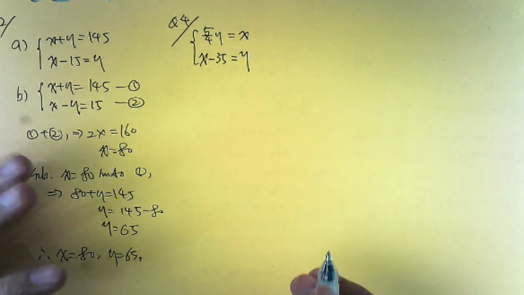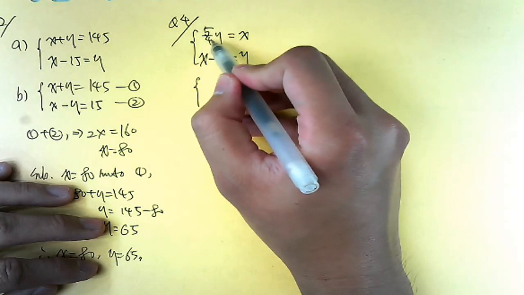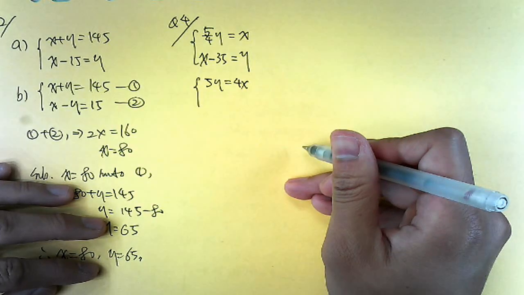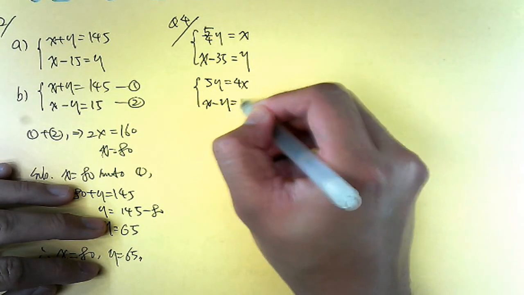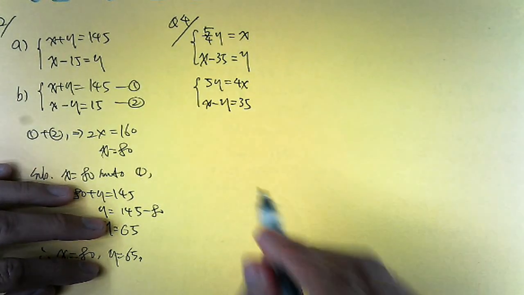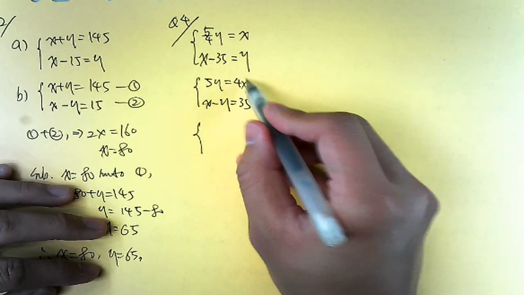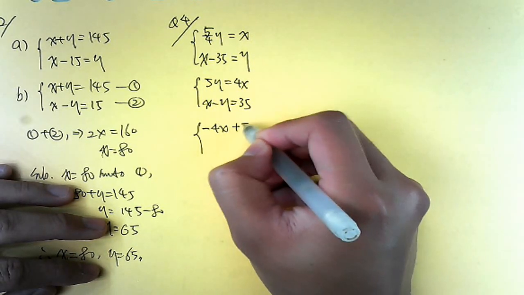We hate this 4, right? We do times 4. And then we move all the unknowns to one side. Next, you move this 4x to this side. You put it first in front.